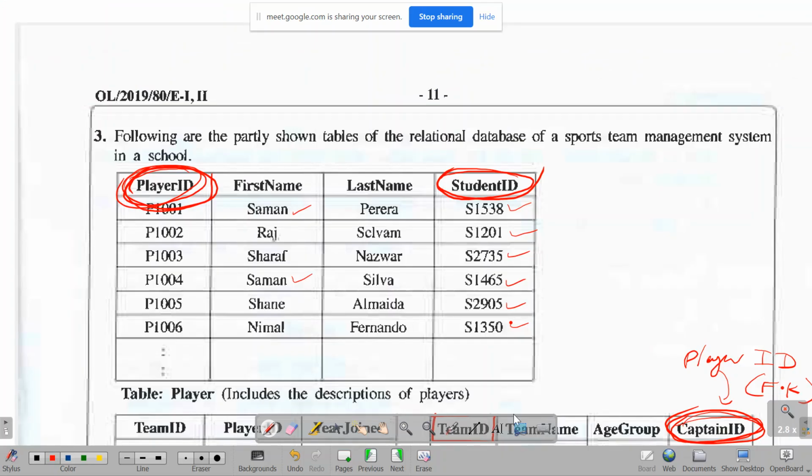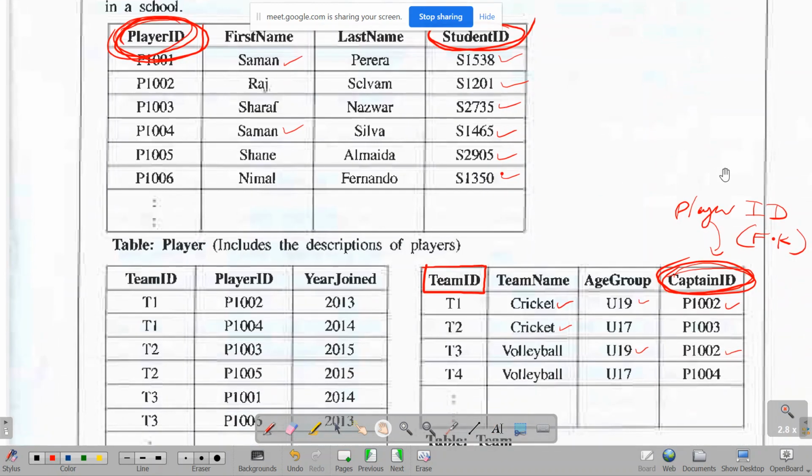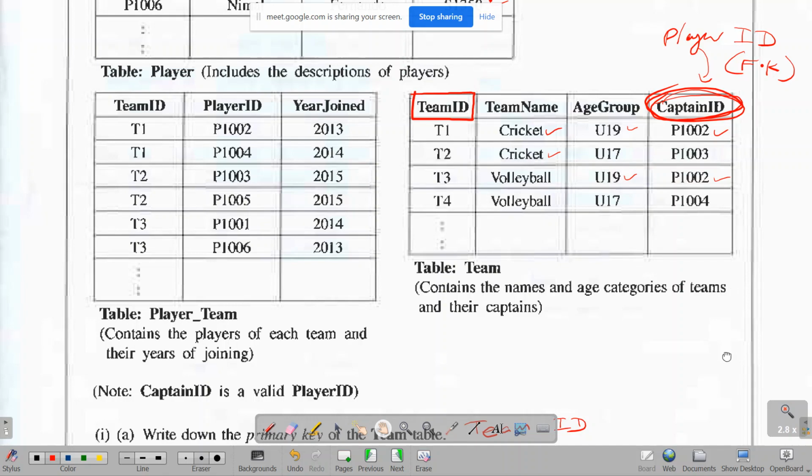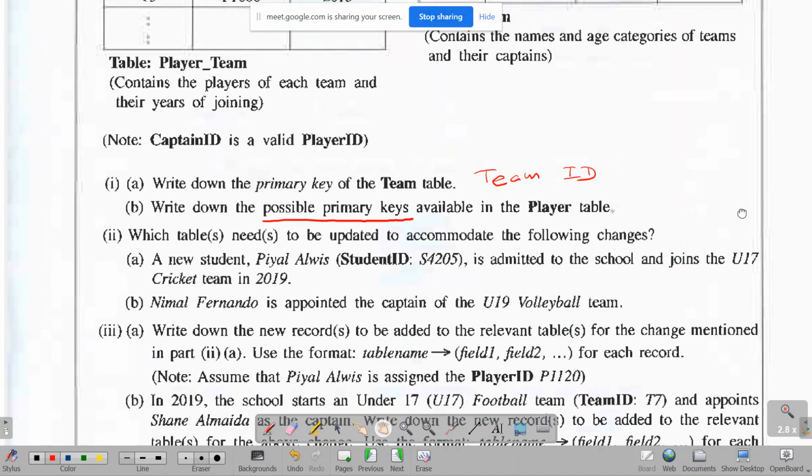So the third part, the second question, the second part: which tables or table needs to be updated to accommodate the following changes. A new student, PL Alvis, they have given the student ID, is admitted to the school and joined the under 17 cricket team in 2019.